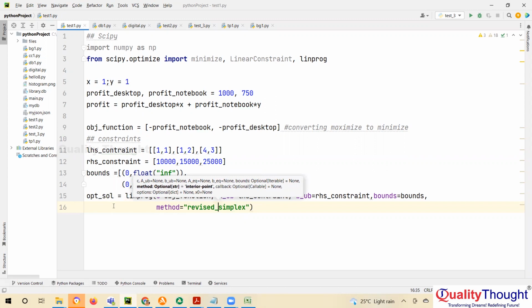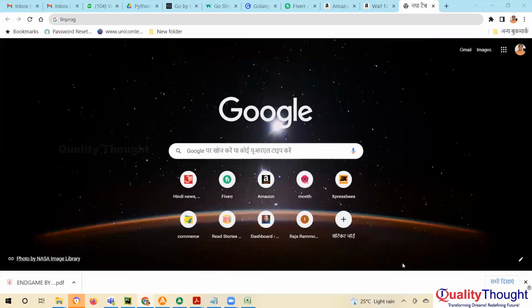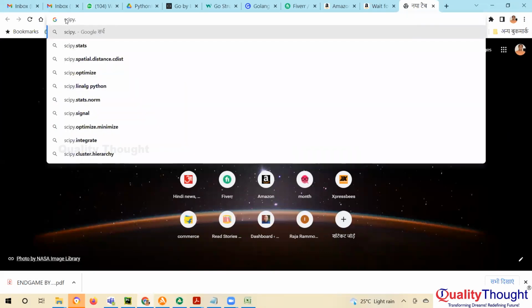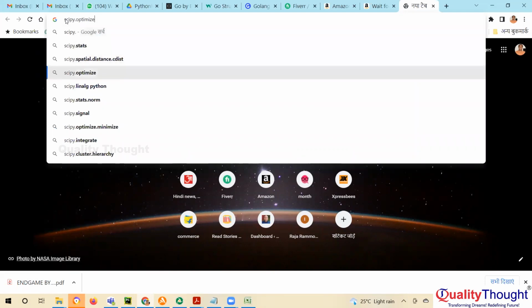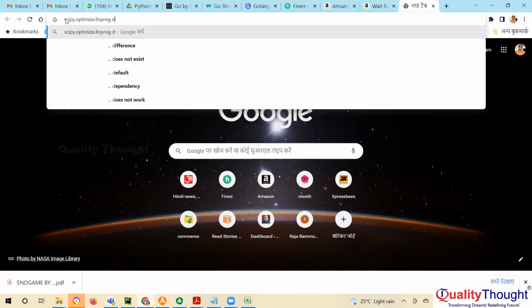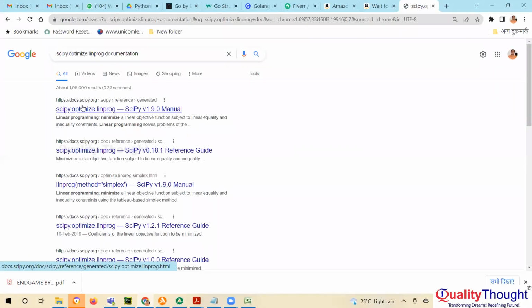Now if you want, you can see this in the documentation. I'm going to say SciPy dot optimize dot linprog, and documentation. SciPy dot optimize dot linear optimization. This is the official manual.